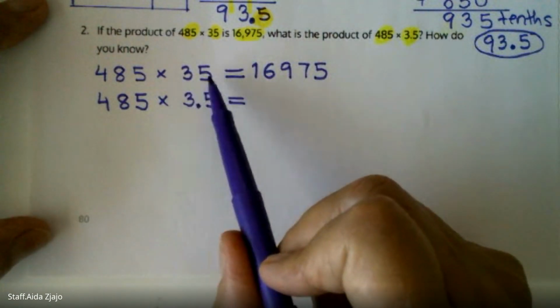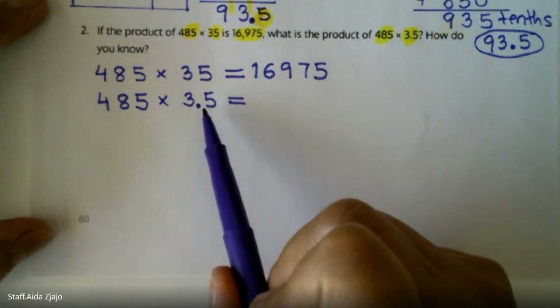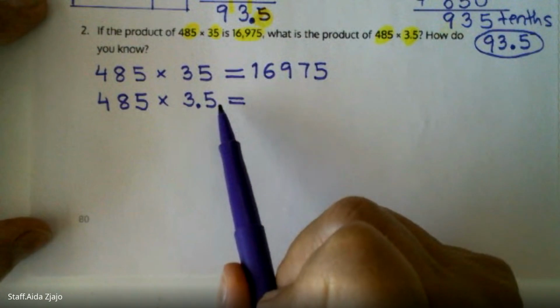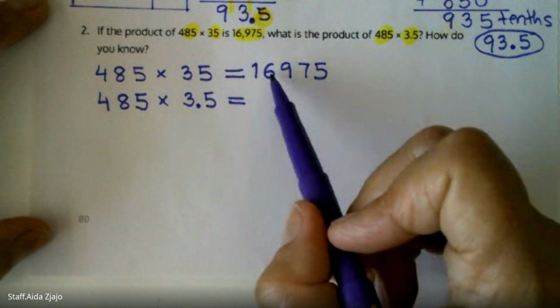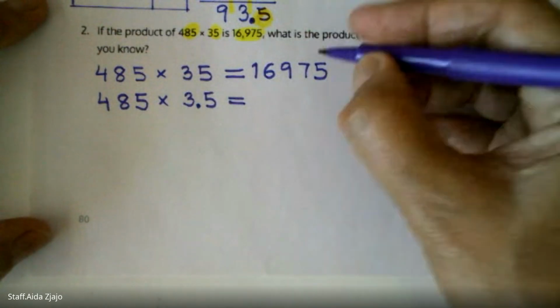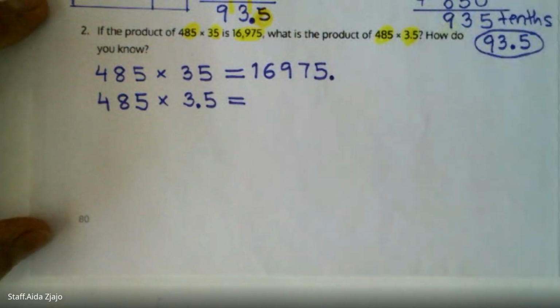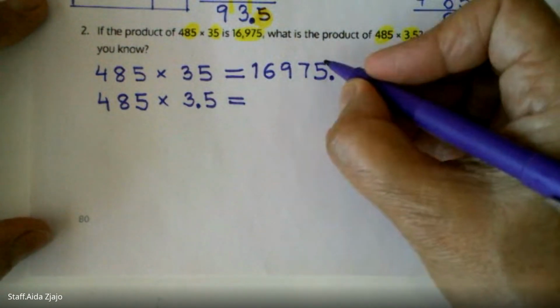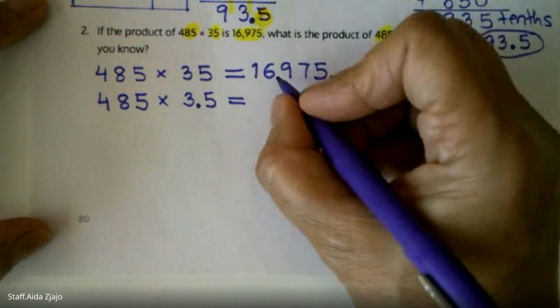Even you say 35 divided by 10 is 3.5. So it's the same thing. You're going to take this one and divide by 10. The decimal in a whole number is right here, at the end of the whole number.